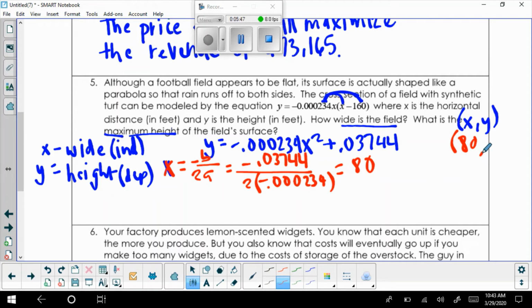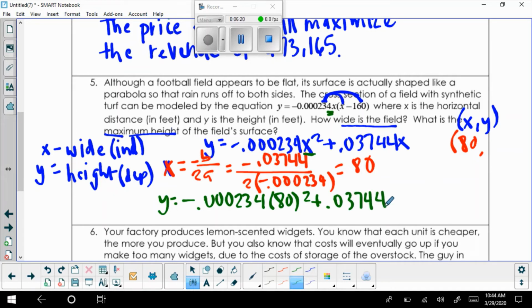Now the y of our vertex, we need to plug in all of our x, which here is in the quadratic form, to get our y. So we have y equals negative 0.000234 x squared plus, and that should have an x on it there as well, 0.03744 times my x is 80.